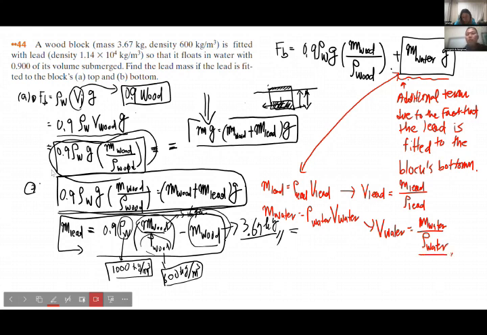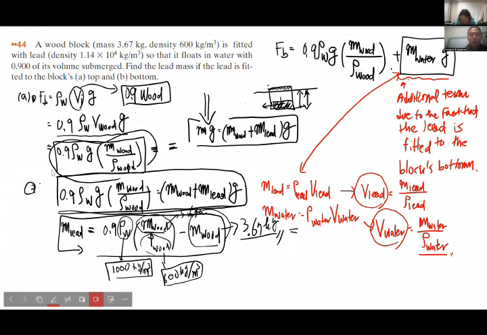I told you this second additional term is added because the volume of water submerged at the bottom of the block is replaced by that lead, right? So the volume of lead inside this block and the volume of water replaced by the lead must be the same. Understand what I'm saying?